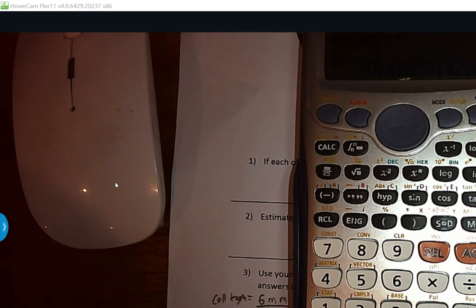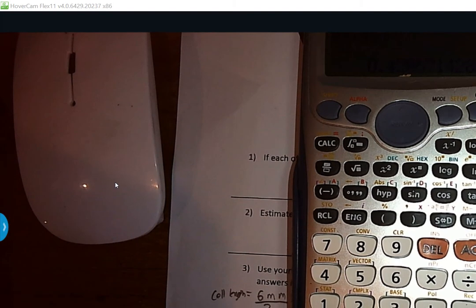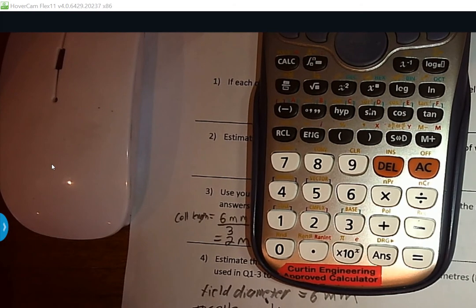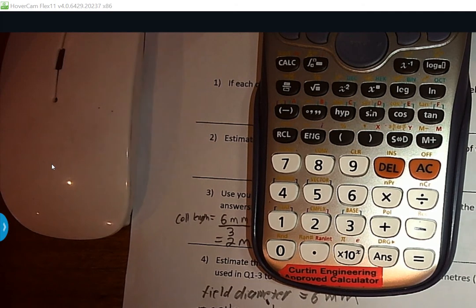So the cell width is, now I need to do it in micrometers, so 428 micrometers. Because remember, when you convert from millimeters to micrometers, you move the decimal 3 places to the right. 1, 2, 3. Okay.